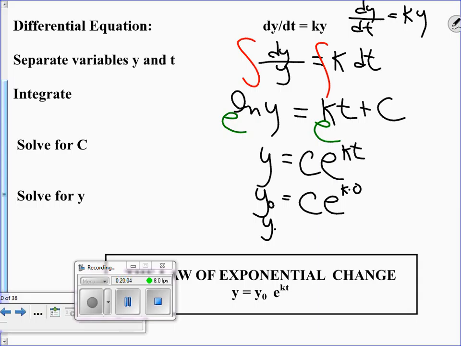So c is just y0. Now, whenever you find c, you go back to the line before you plugged it in, right? And you put that value in. So our solution is going to be y equals c, we just found out is y sub 0, e to the kt.